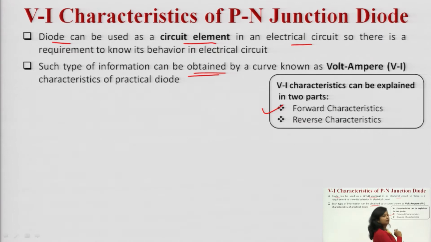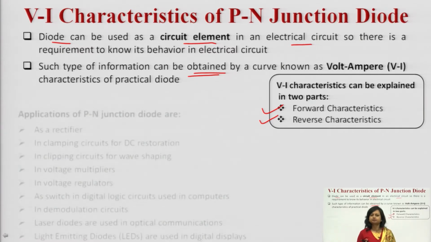One condition is forward biasing, and in that condition you can plot the characteristic curve. If you reverse the polarity of the battery, then it will work in the reverse bias condition and the reverse characteristic can also be plotted. So, the complete VI characteristic curve can be subdivided into two parts: one is the forward characteristic and the second is the reverse. In both situations you have to plot it, then it will be a complete curve.